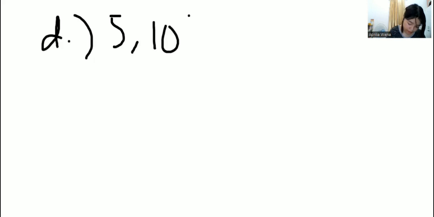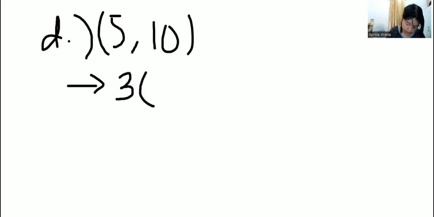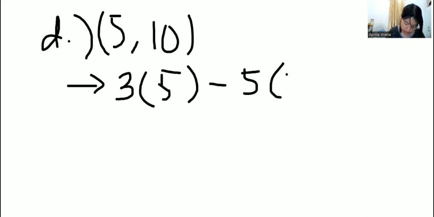Continuing, the D is we have 5 and 10. Substituted as 3 times 5 minus 5 times 10 equal 25.